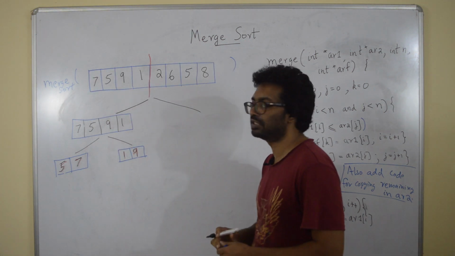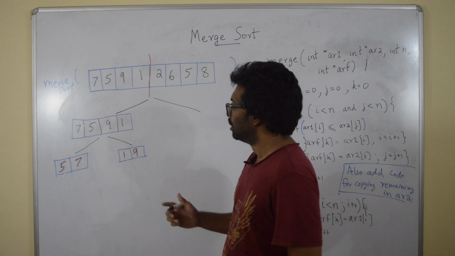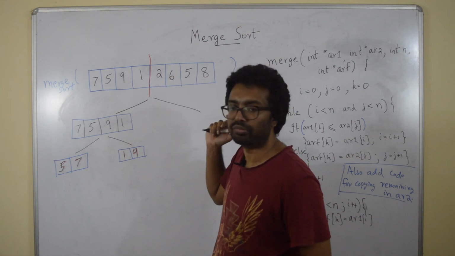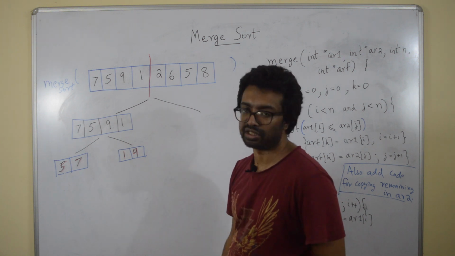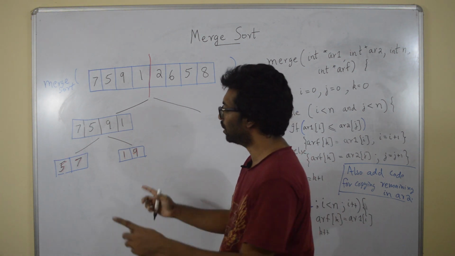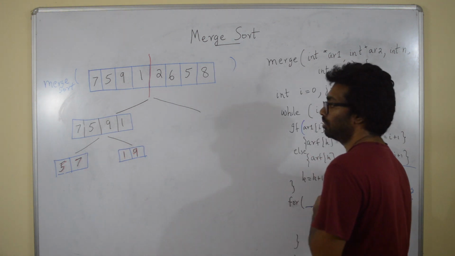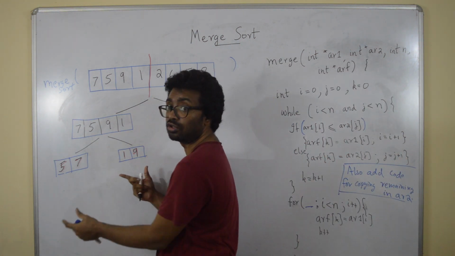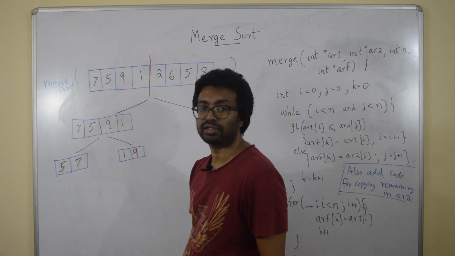Okay, so 5 7 and 1 9. These are sorted arrays. So what should it do? We are going to call merge again to sort these two things. So we call the merge function to merge these two sorted arrays.